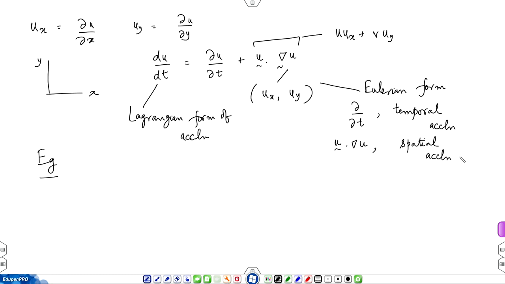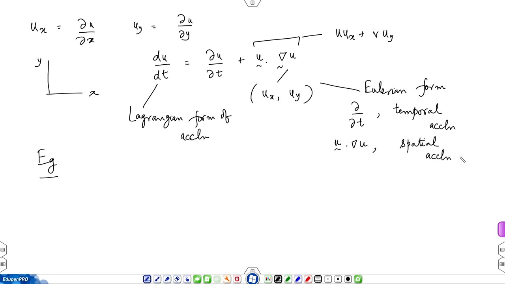Okay, so, you can think of a fluid particle, if you just stay at the same place and find out if velocity changed, as in unsteady flow, then if velocity did change, then you would say the particle has temporal acceleration.